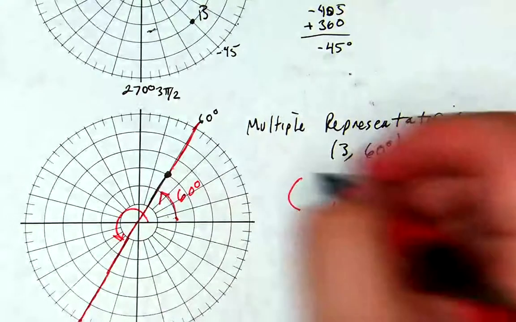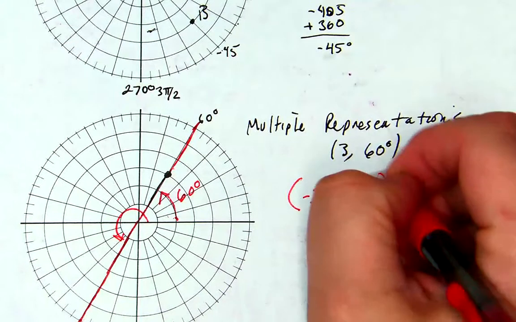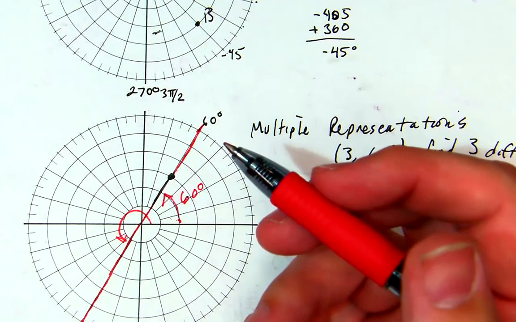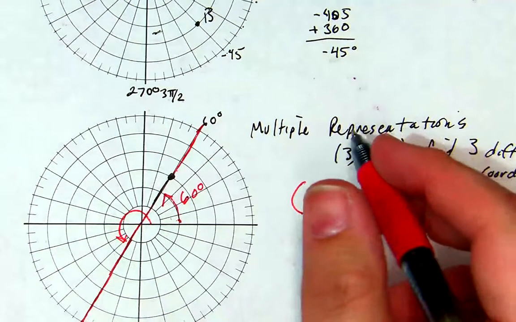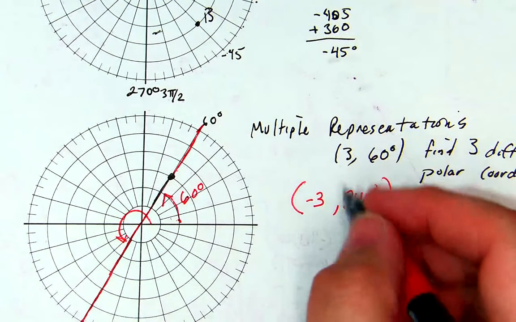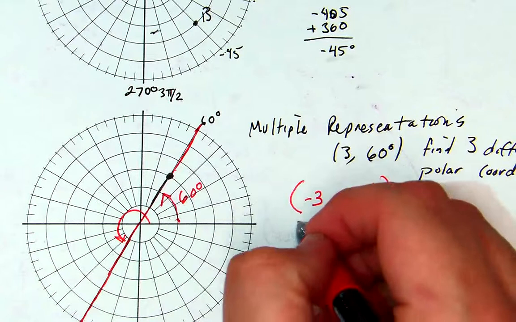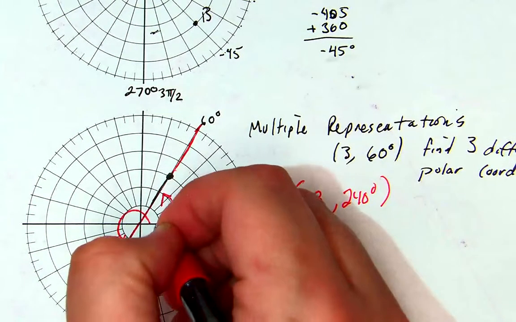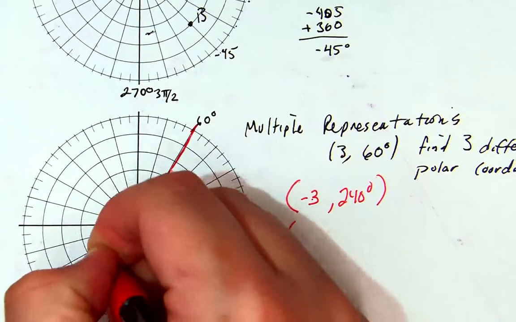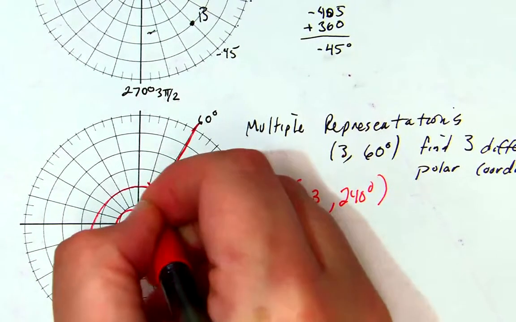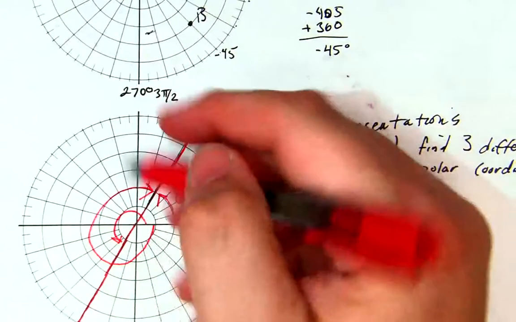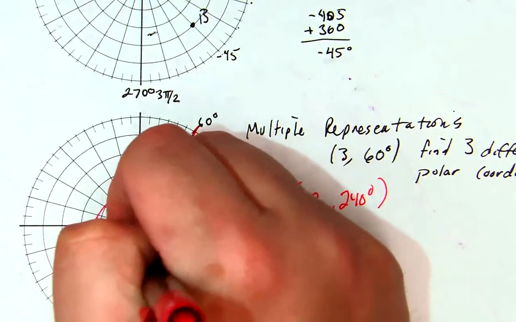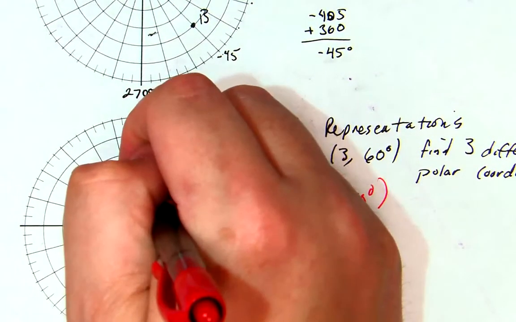But I'm going to plot on the other side, so I have to make R negative, because that would be on the negative side. Now we start talking about negative angles. Because I have my 3, I have my negative 3. If I want a negative angle, I would go this way, negative 90, 180, 270.